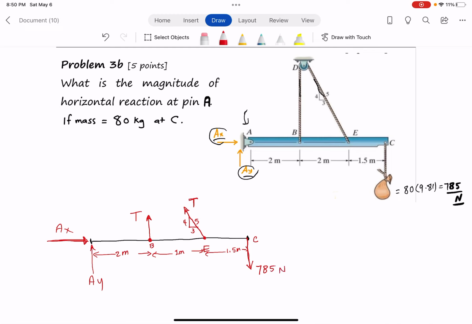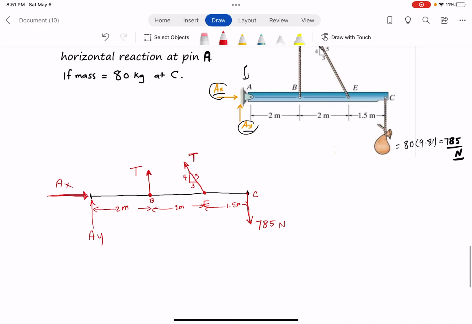Now what to do with this type of analysis? The best is to take moment at point A. When you take moment at point A, you cancel AX and AY. They're not included, and you can find the tension T. So let's find the summation of moment equal to 0, and I'm assuming this is negative.